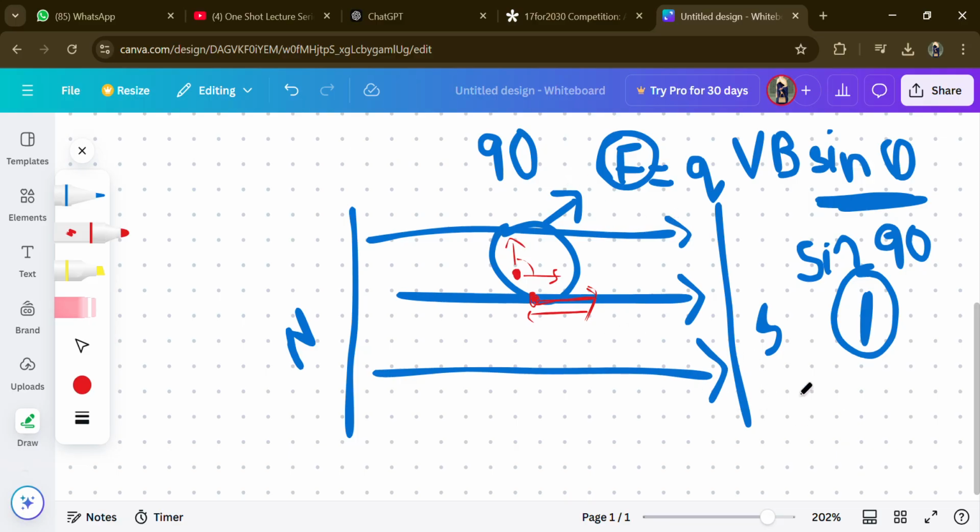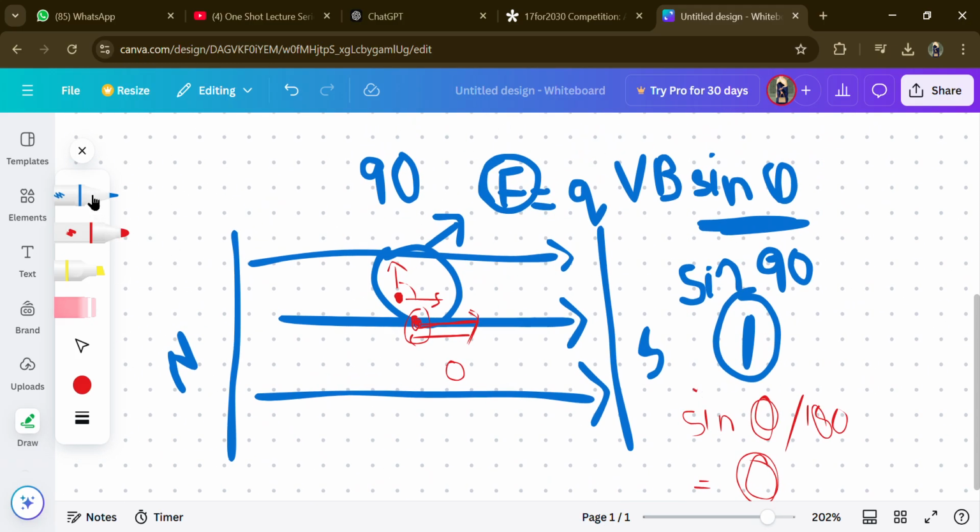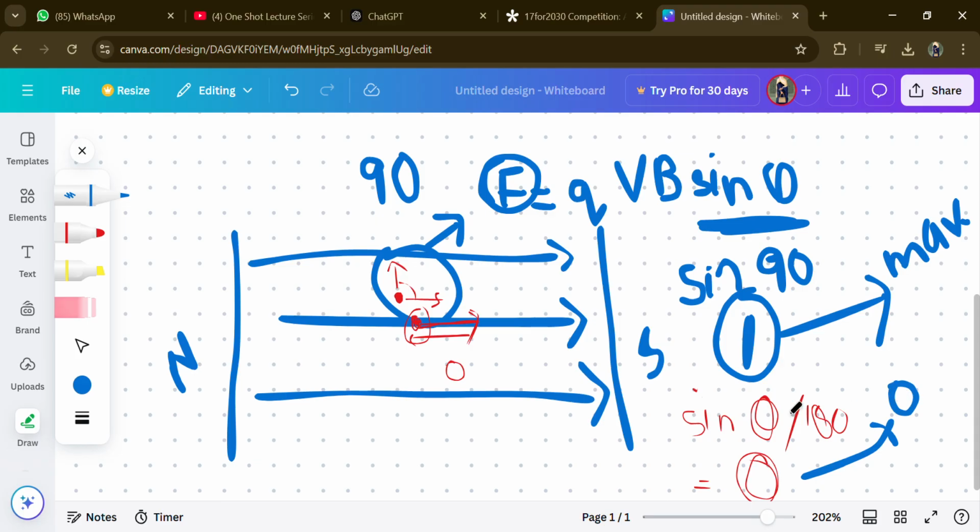What you need to do is just look at the theta. Sine 0, or in the other condition sine 180, is equal to 0. So here the force will be equal to 0, because of the angle. These were two things. Whenever the value of sine theta is 1, we consider it the maximum state, and when sine theta is 0, we consider the force as 0.